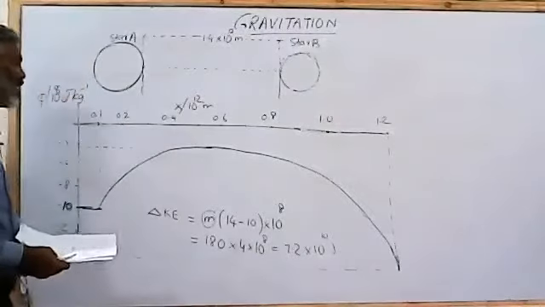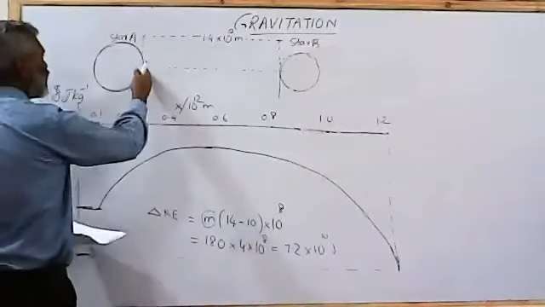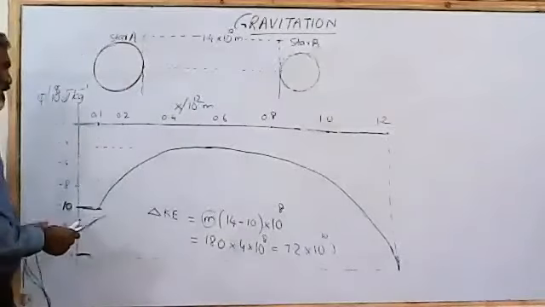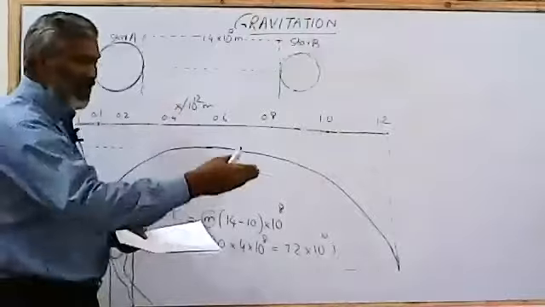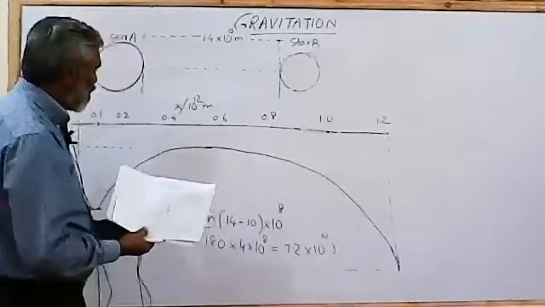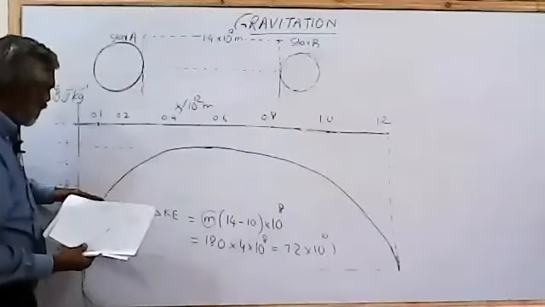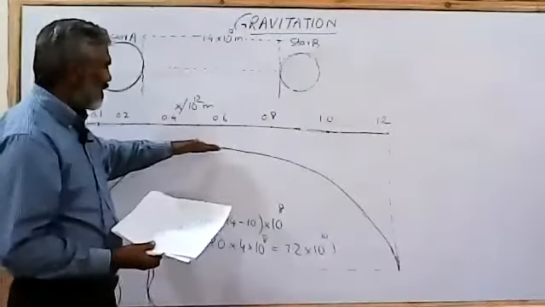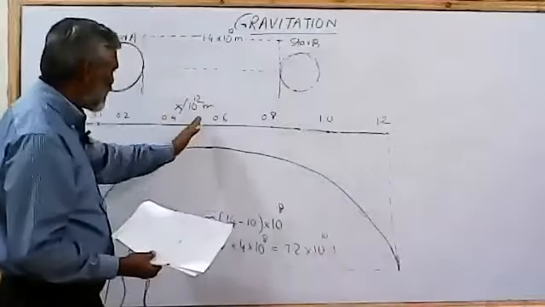Now, what should be the minimum speed with which we can throw an object from this position so it reaches here? For that purpose, we need to understand that it is now an idea like escape speed, you must overcome this barrier. This is the total change in gravitational potential energy that you have to overcome so the object is able to continue its motion on its own after it reaches this position.